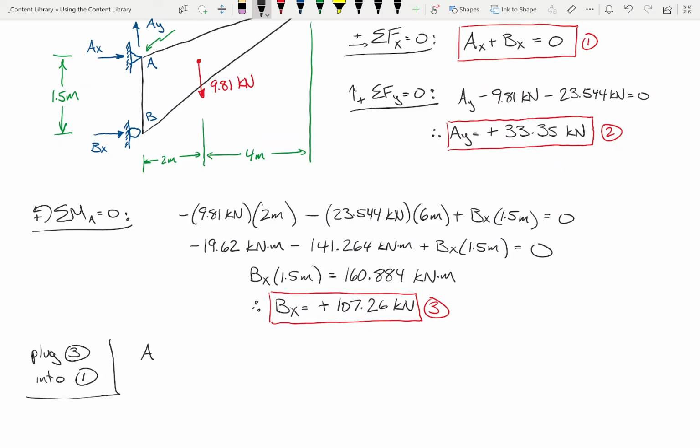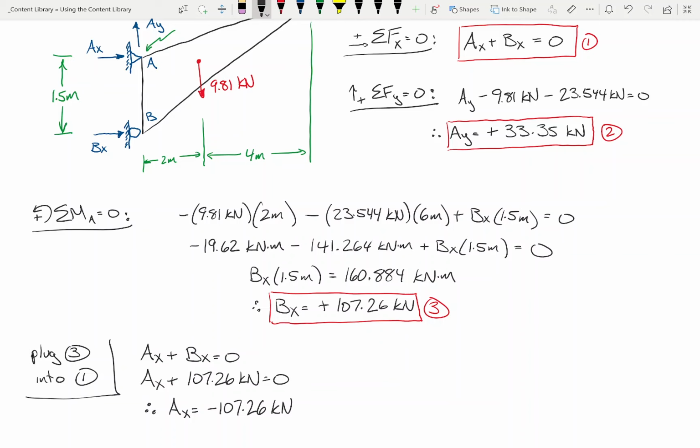So I get AX plus BX equals 0. I have AX plus 107.26. So therefore, now I've got my first negative term. So AX is negative.